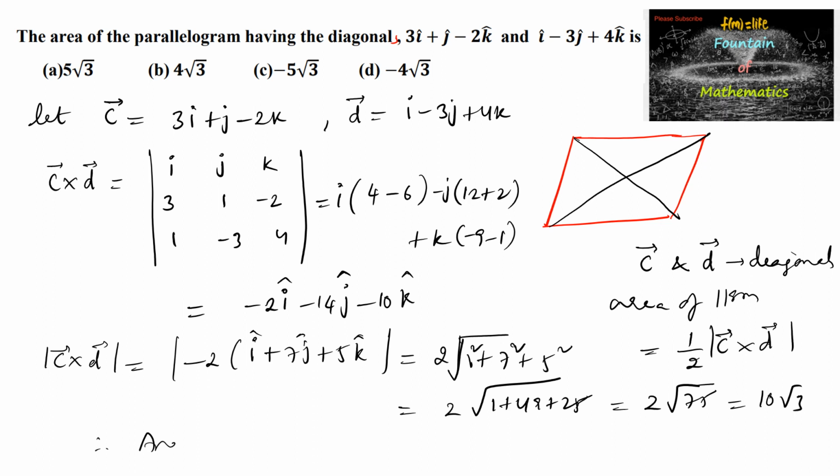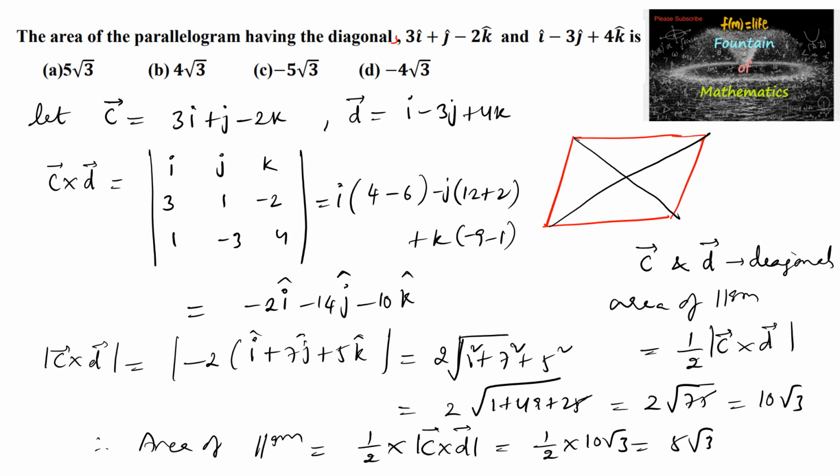Therefore area of parallelogram is equal to 1 by 2 times mod of C cross D, so that is 1 by 2 into 10 root 3. So we can write 5 root 3 square units, which is option A. So we can go with option A.